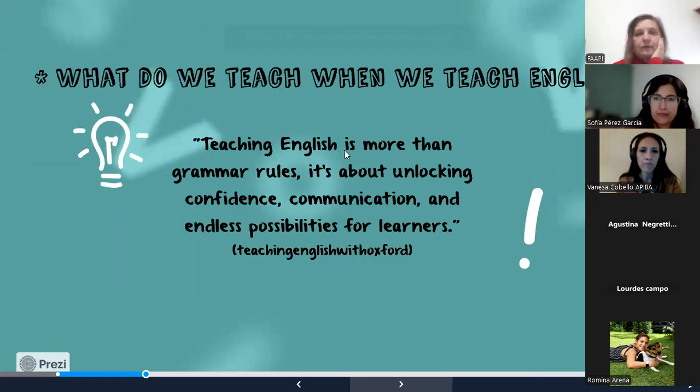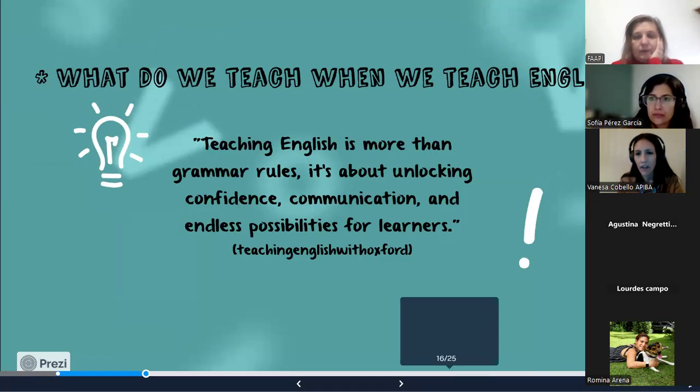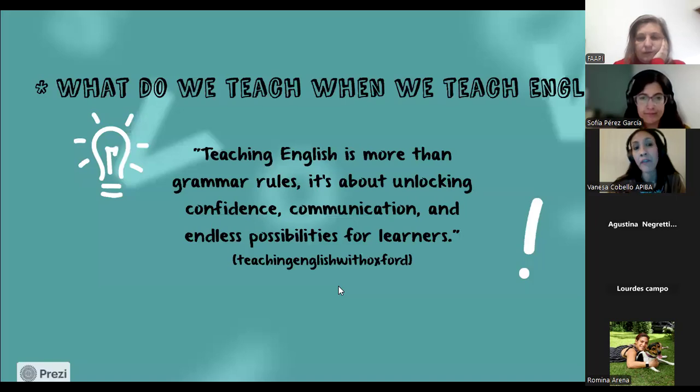I came across this nice quotation from Teaching English with Oxford, and it says here, teaching English is more than grammar rules. It's about unlocking confidence, communication, and endless possibilities for learners. I really loved this quotation.